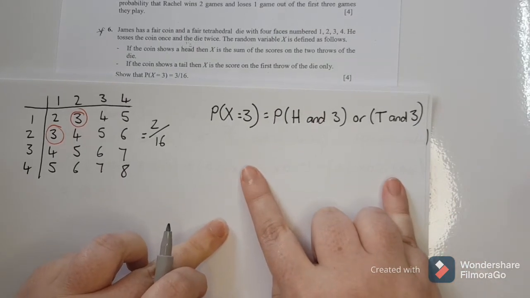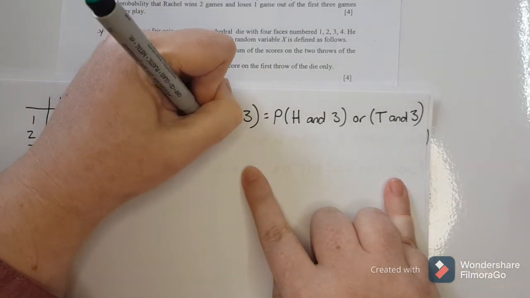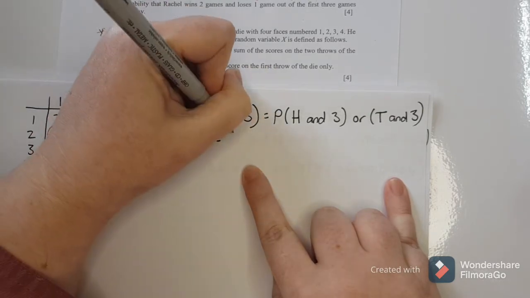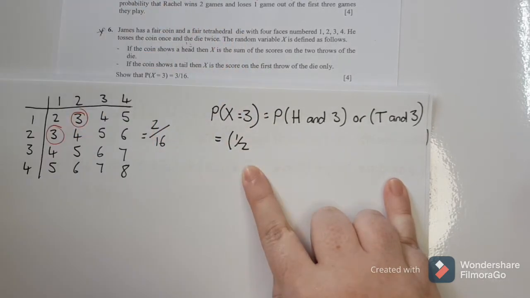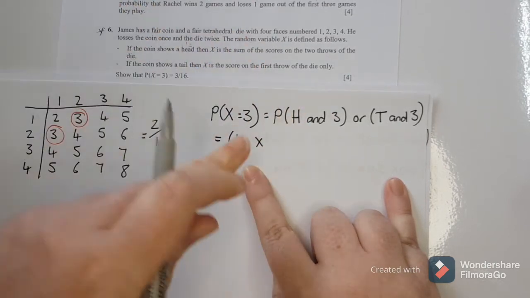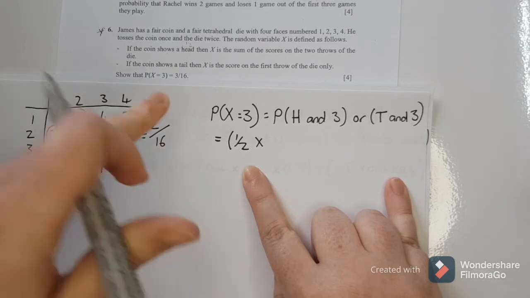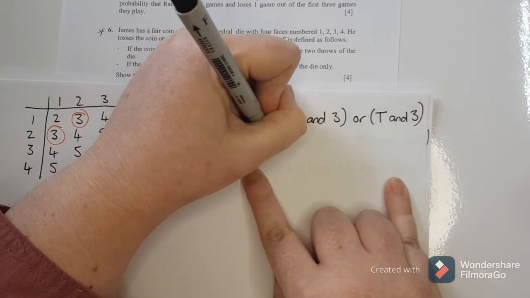So the probability of choosing heads, when you flip a coin, because there's only one head out of the 2 sides, it's going to be 1 over 2, times the probability of getting that 3 when we sum the scores, which is 2 over 16.